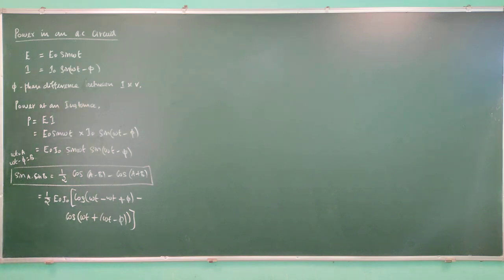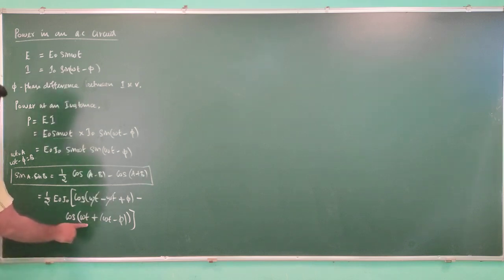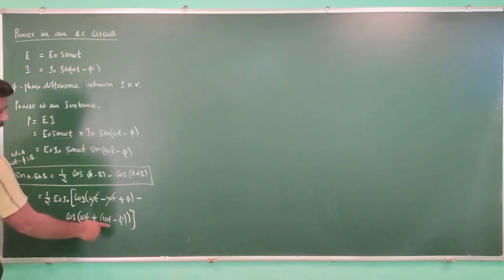Omega t will cancel out in the first term, and in the second omega t plus omega t becomes 2 omega t minus pi.